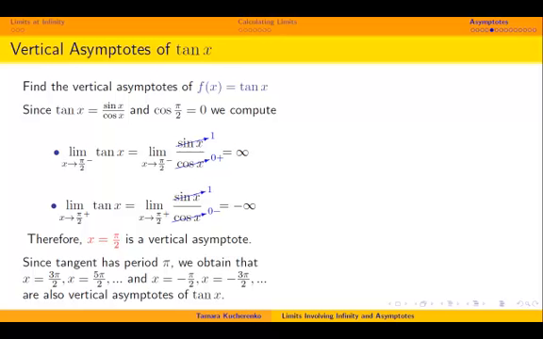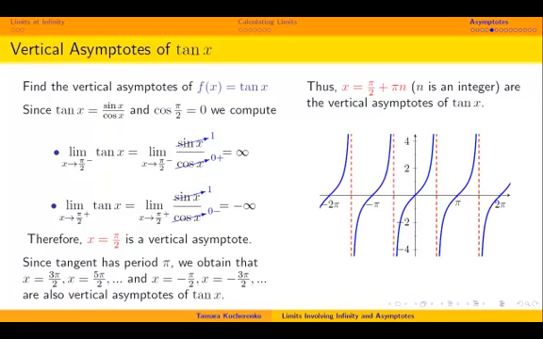We obtain vertical asymptotes at 3 pi over 2, 5 pi over 2, negative pi over 2, negative 3 pi over 2, and so on. Generally, lines x equals pi over 2 plus pi n for integer values of n are the vertical asymptotes of tangent x.